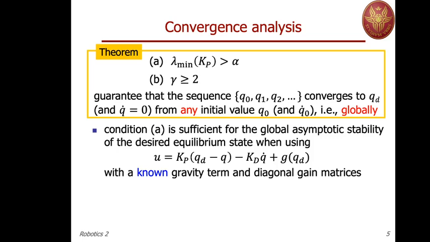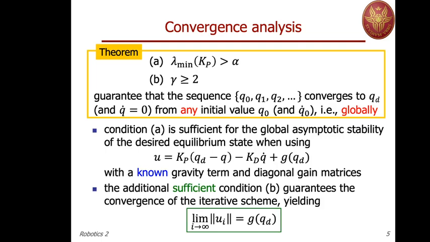So if our feed-forward term is exactly the one needed at the destination, so G of Qd. So we have to know the gravity term at the destination, and since this Qd may be any in the robot configuration space, we should in fact know the whole gravity vector functional form.